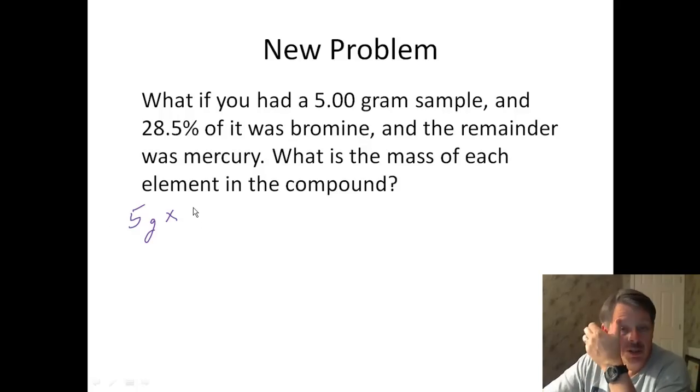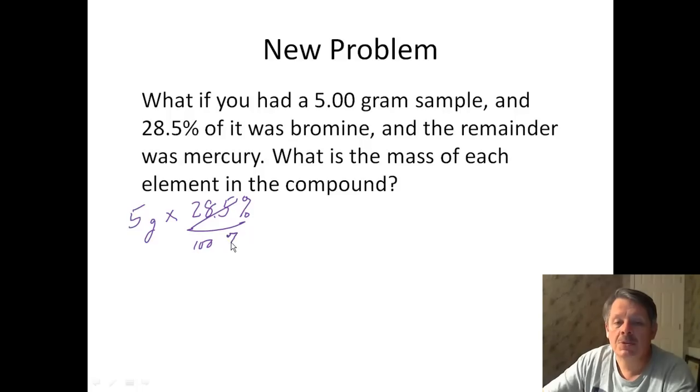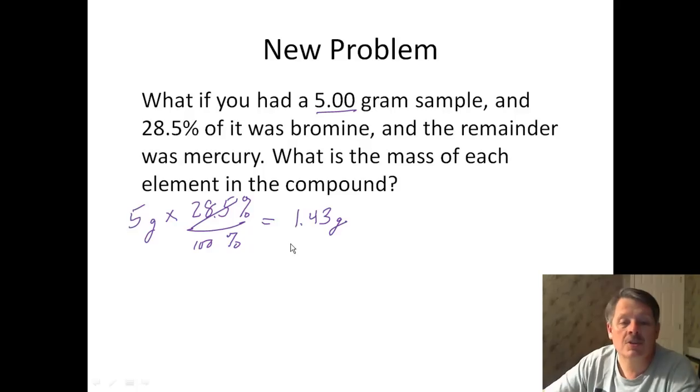You divide by 100%, multiply that all out, and you get 1.43 grams of bromine. Since the total is 5 grams, the rest of it is 3.57 grams. But we have to make sure that actually comes out right.